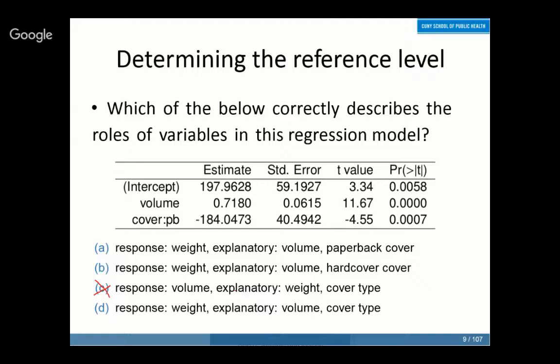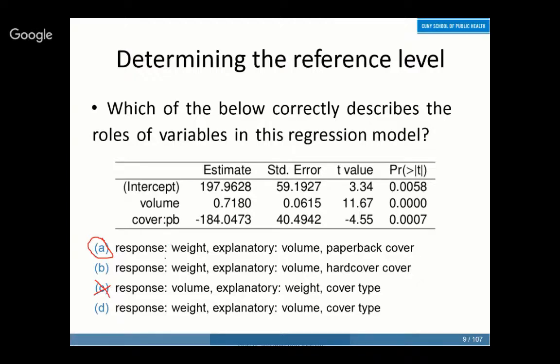Okay, the explanatory variables, let's see, volume, yes, and paperback cover or cover type. We could kind of say either of these. This coefficient is a coefficient for paperback covers.